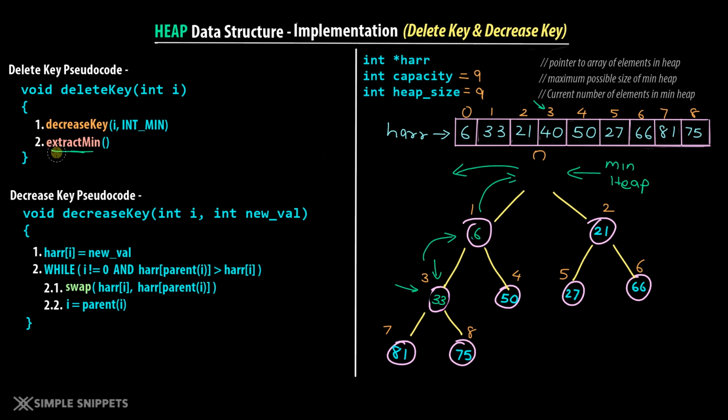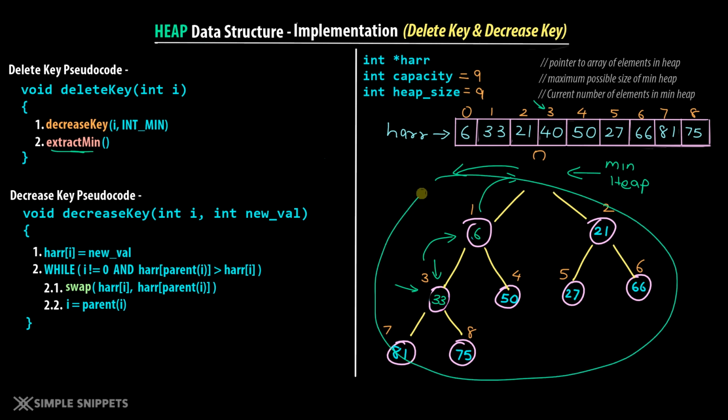And then in the extract min, remember we had heapify, right? So heapify will be called and the entire heap will be recreated from all the remaining values. And do note that we have successfully deleted the number 40. So in the heap now, you can see we don't have the number 40. So that's how delete key operation works in an indirect way.